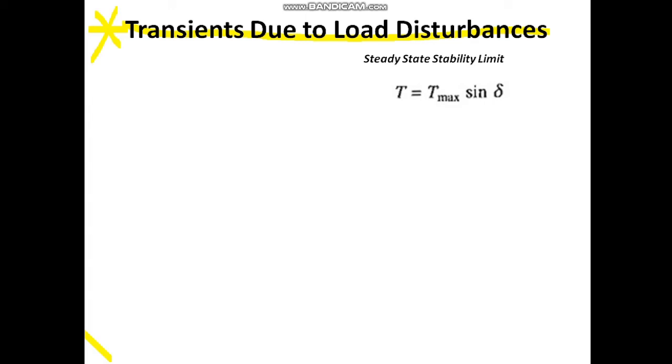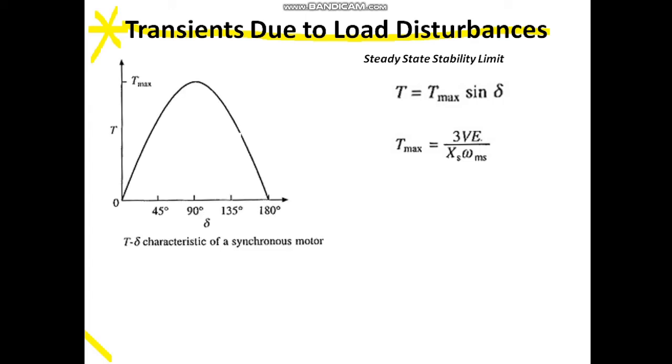There we had derived T equals T max sine delta, where T max, if you remember, is 3 V into E divided by XS into omega S, right? Now this is my T versus delta characteristics of a synchronous motor, where delta is your power or the torque angle and T is your torque, right?